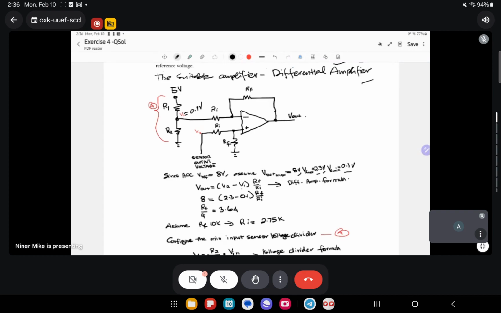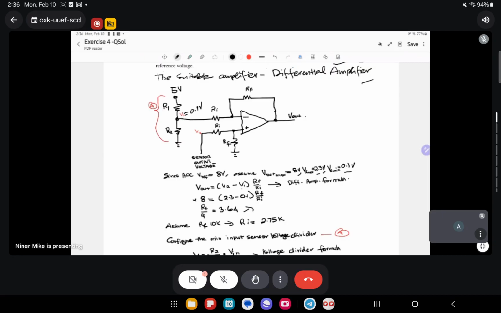So you can calculate this for the maximum voltage reference of 8 volt, over the range of the input signal, 2.3 minus 0.1, so you get 3.64, which equals RF over RI.